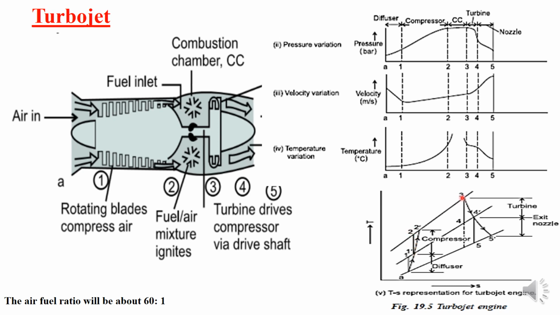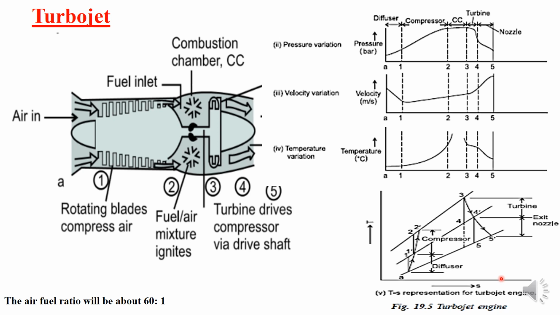Then 2 to 3 represents your combustion at constant pressure. Then 3 to 4 is the expansion in the turbine, fully it won't expand, it partly expands, then it comes to your nozzle where it will expand further so that it gets converted into high velocity. So this is how your TS diagram will be for your turbojet engine.